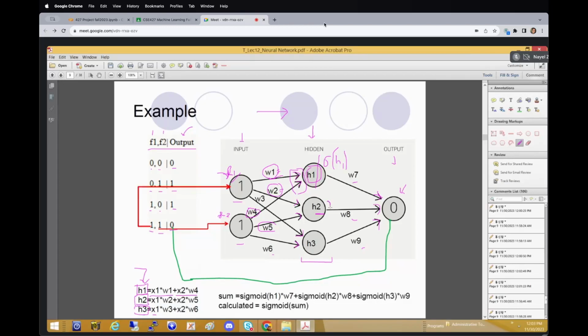The sigmoid of h2, and then the sigmoid of h3.